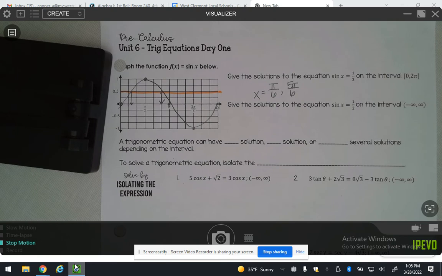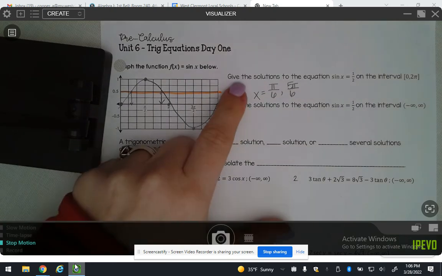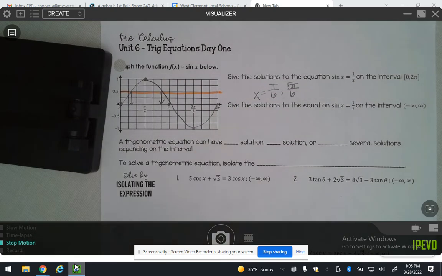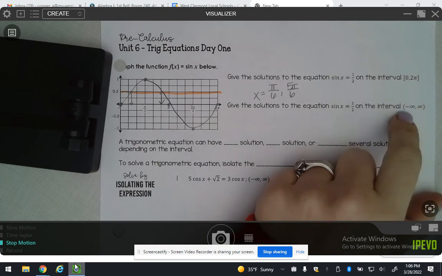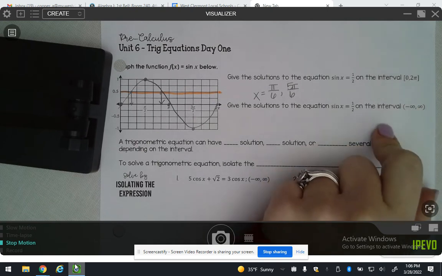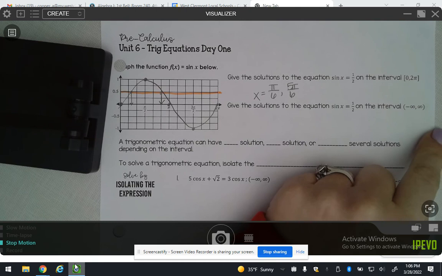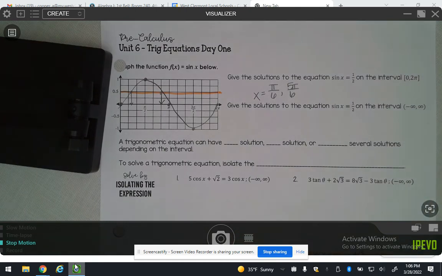Okay. Now, what's the difference between this first question and the second? This one is between 0 and 2 pi, which is your unit circle, correct? This one is going from negative to positive infinity. Now, listen. This is circular, right?